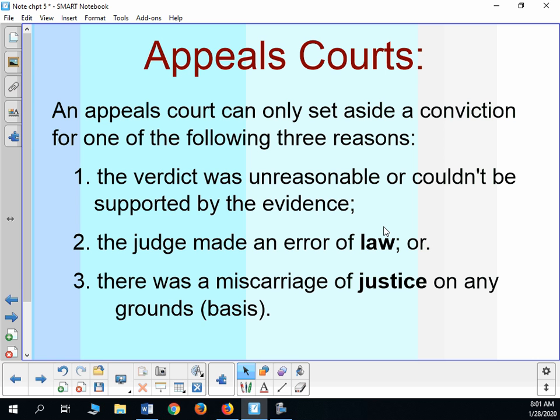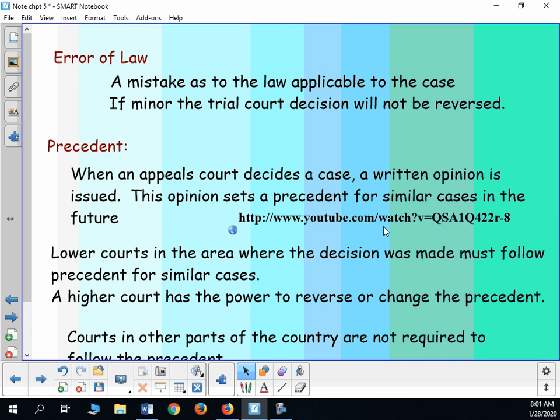All right. So, if it's possible for you to have an appeal, again, this idea of an error of law is a mistake as to the law that applies to the case. If it's a minor problem, the trial court decision will probably not be reversed.